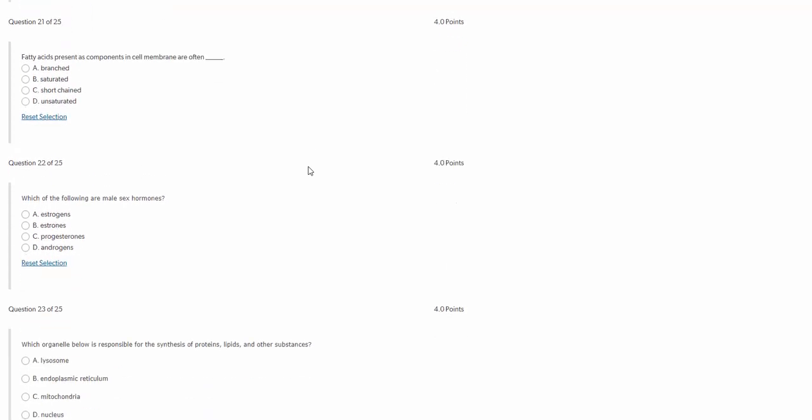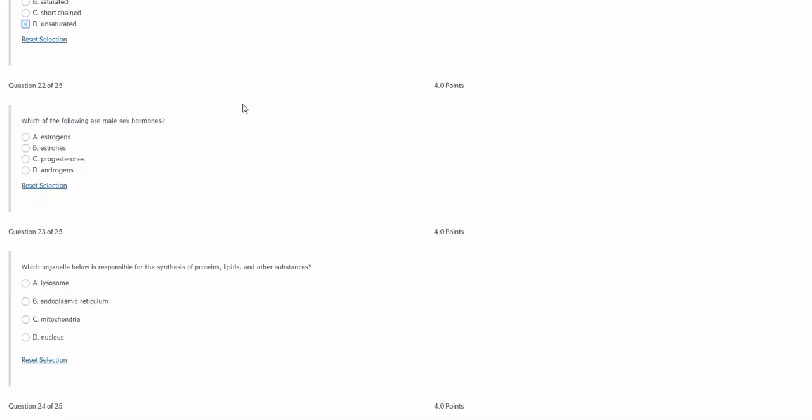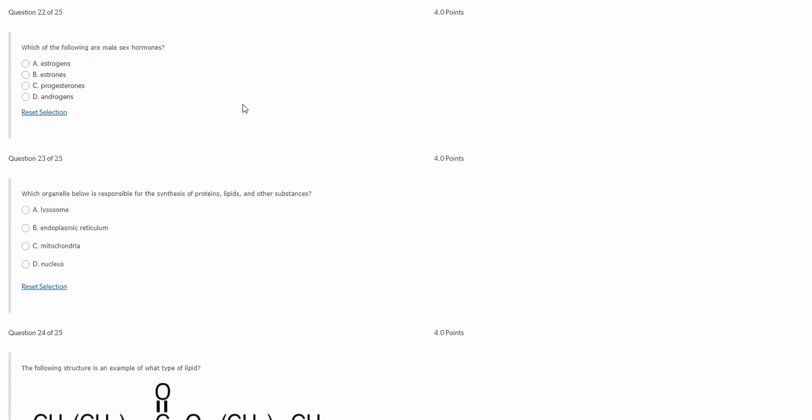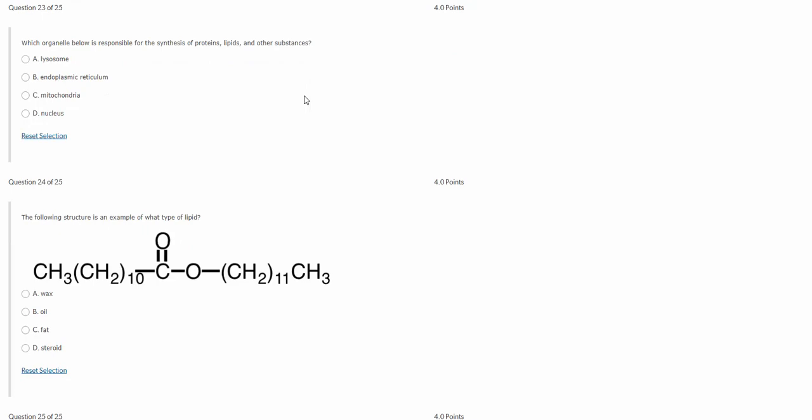Number 21, fatty acids present in components in cell membranes are often unsaturated. They oftentimes have those double bonds. Number 22, which of the following are male sex hormones? Those are androgens. Number 23, which organelle below is responsible for the synthesis of proteins, lipids, and other substances?